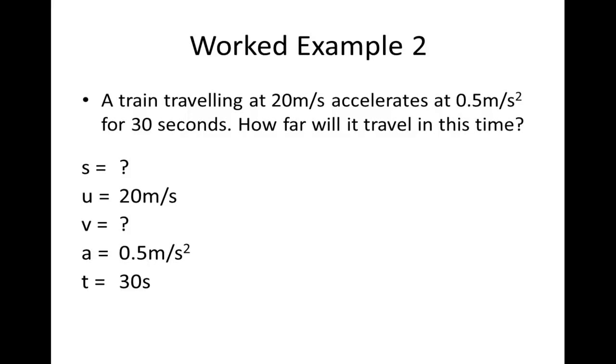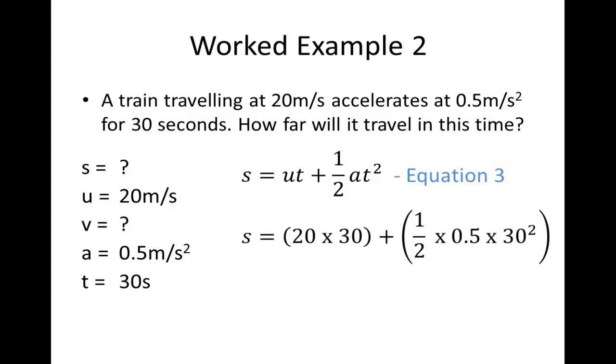So an equation which has s, u, a, and t, that will be equation 3. And again, inserting all our values, we find that the displacement or distance is 825 meters.